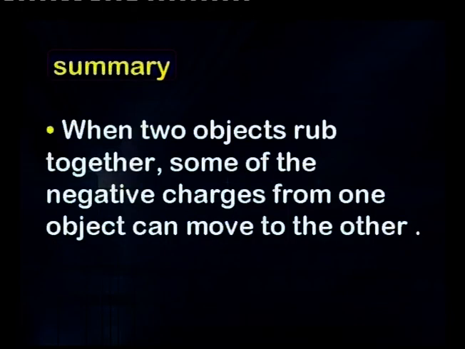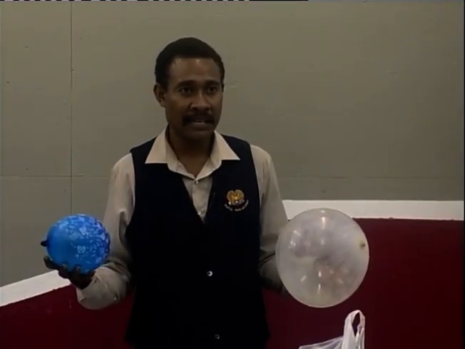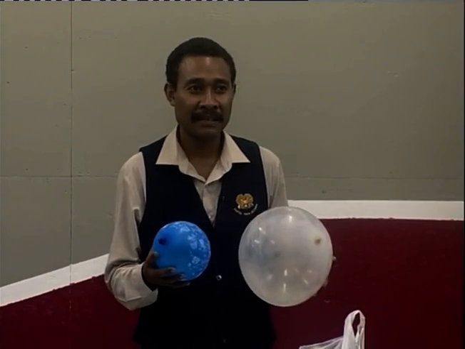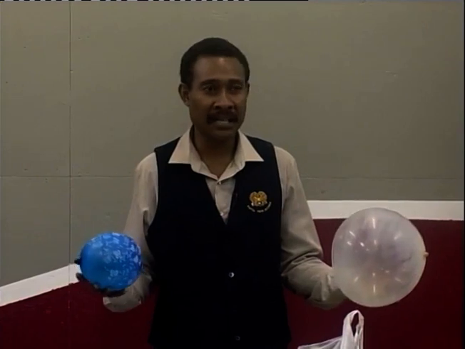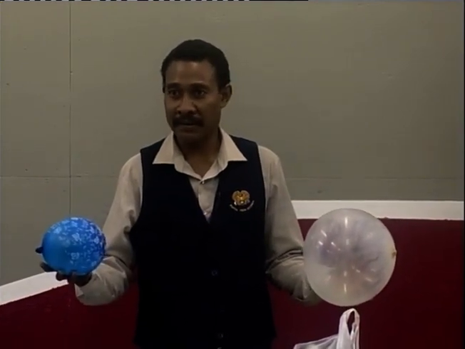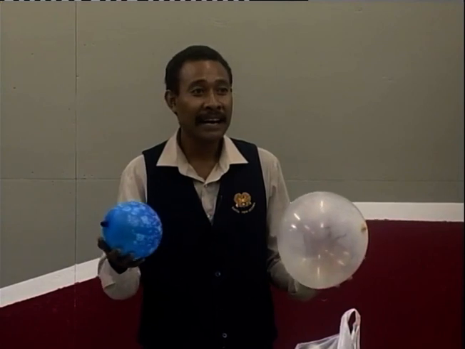So when two objects rub together, some of the negative charges from one object can move to the other, and that can cause either attraction or repelling. If you rub two objects together, and this one causes positive charge, and this one causes positive charge, you put them together, what's going to happen? They will repel. But if this produces negative charges and the other produces positive charges, they will attract.